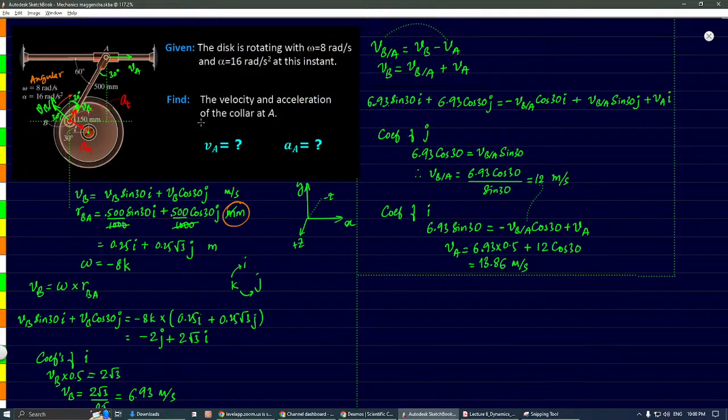So next, let's put the formula. Normal acceleration and tangential.